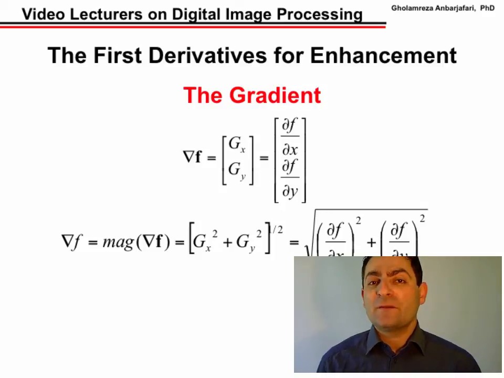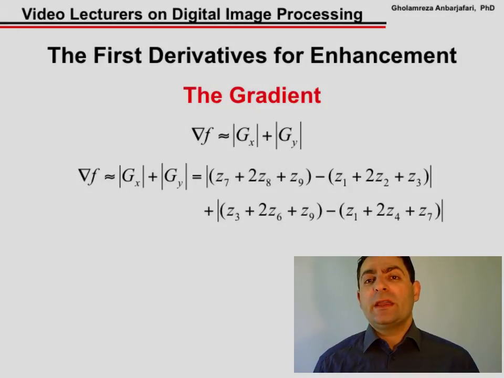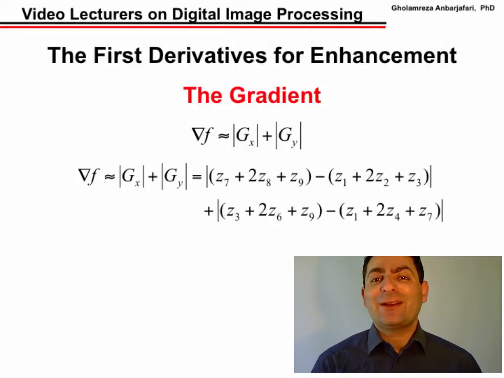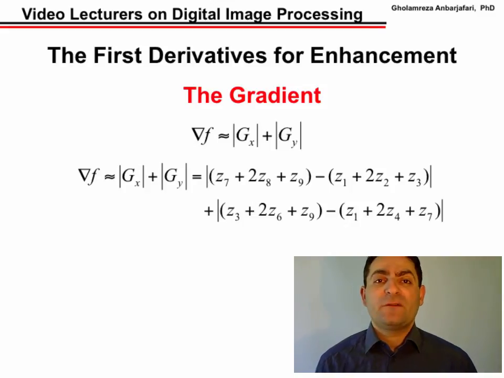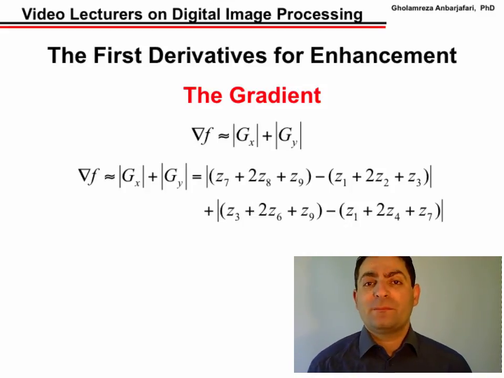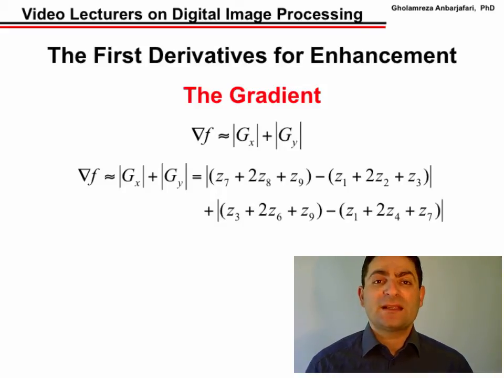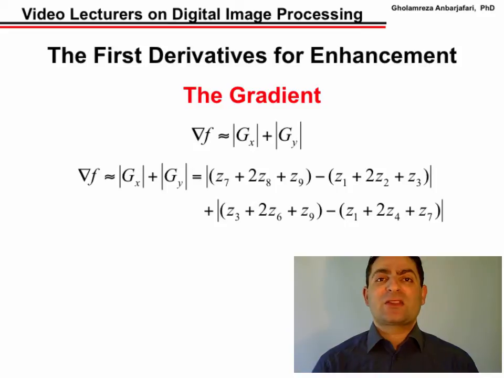And the magnitude of this vector is referred to as the gradient. So here we see how we can calculate gx and how we can calculate gy. If we consider a 3x3 mask, then an approximation around the center pixel is as shown in this formula.